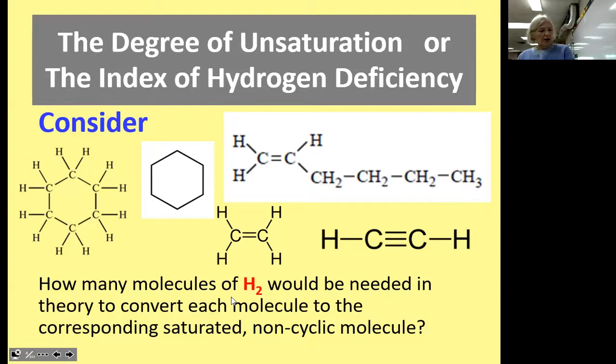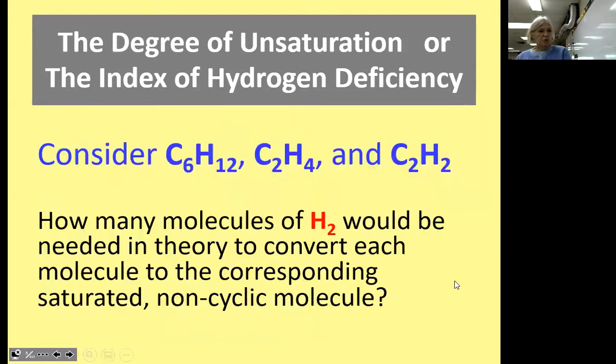So how many molecules of H2 would be needed in theory to convert each of these 3 molecules into a saturated non-cyclical molecule? So here I have C6H12, here I have C2H4, and here I have C2H2. Here are the molecular formulas for those same 3 compounds.